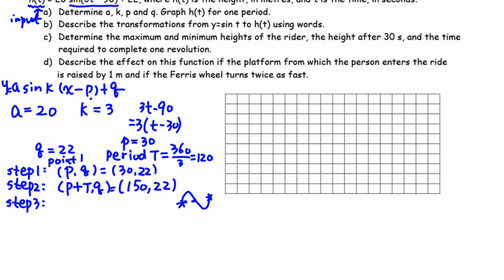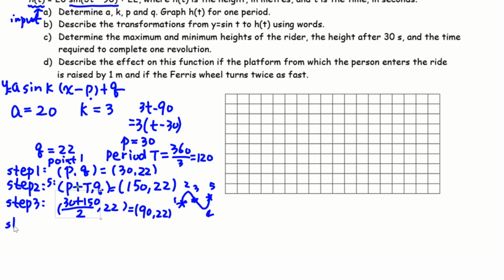We call it point 5. And these will be points 2, 3, 4. So point 3 will be the middle of these two. So the middle of these two is 30 plus 150, then divide by 2, then the y value doesn't change. So that will give you 90, 22.